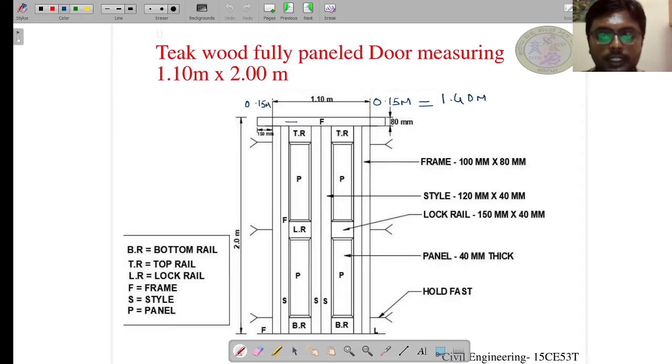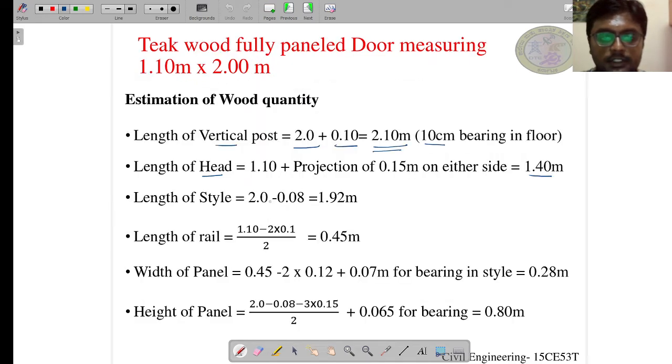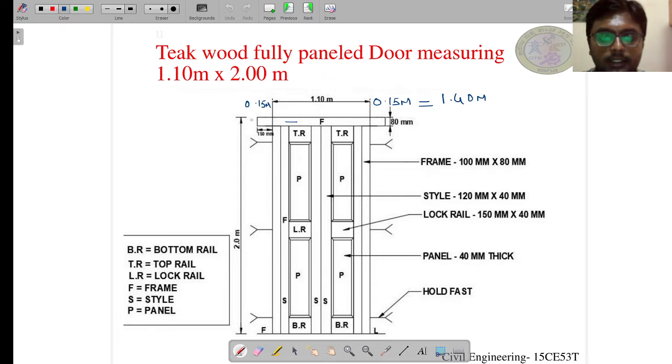After finishing the length of head and vertical post, let us come to the length of stile, which is part of shutter. As you can see, the height of the door is given as 2 meter.